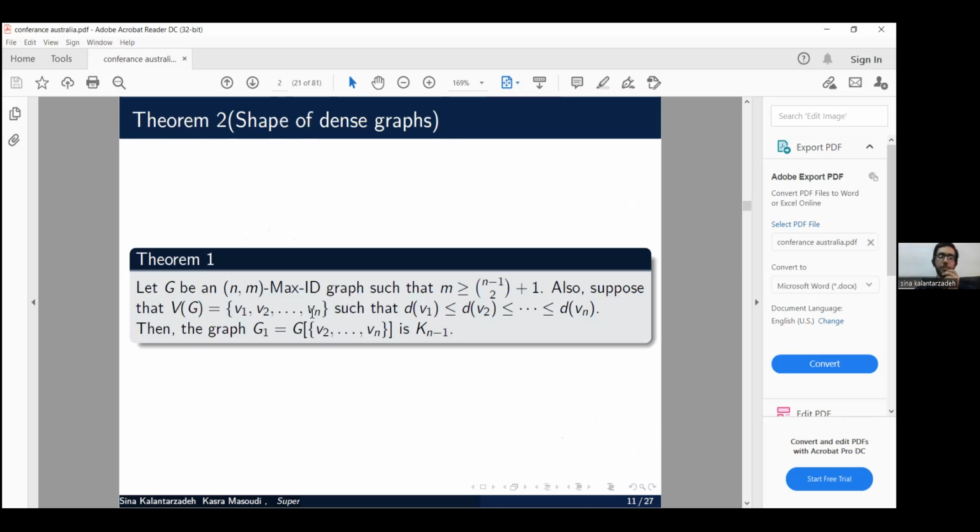Okay, let G be a max ID graph for which this inequality holds for its number of edges and number of vertices. I mean, the number of edges is very high.